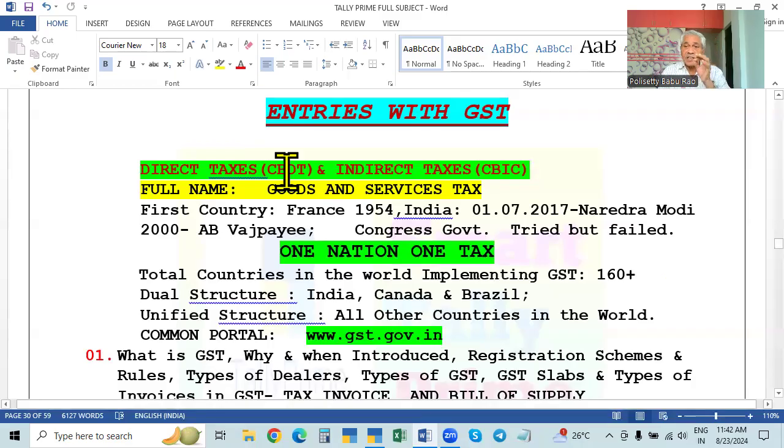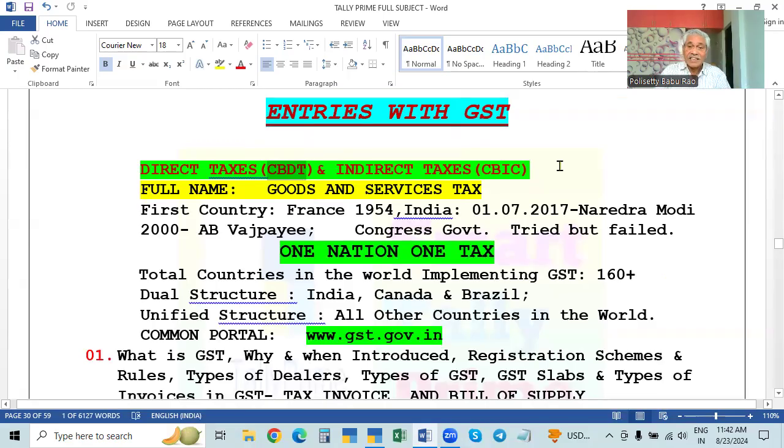The administration of the Income Tax Act is looked after by a board called CBDT, Central Board of Direct Taxes. It is looking after the Income Tax Act.